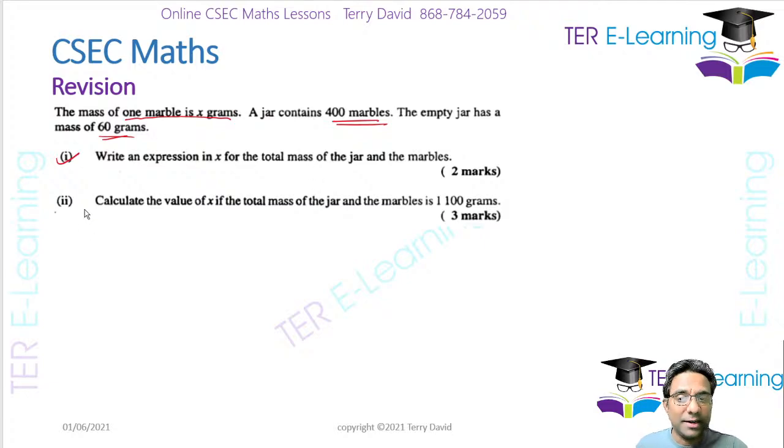Let me give you all a minute to tell me what the answer for part 1 is. One marble has a mass of x grams, the jar has 400 marbles, and the empty jar has a mass of 60 grams. They want an expression for the total mass of the jar and the marbles. What do you all think is the answer?